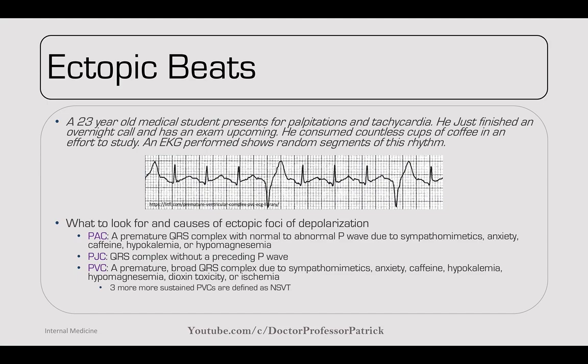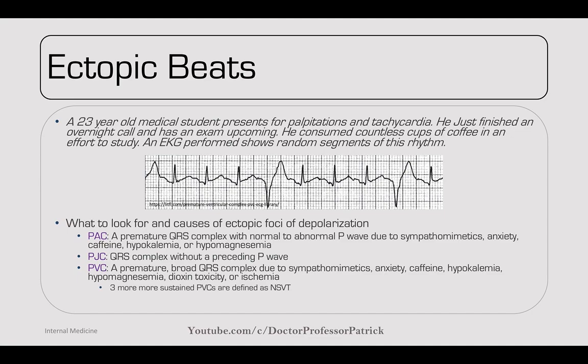So what you want to look for in a PAC is a premature QRS complex with normal P wave due to some sympathomimetics, anxiety, caffeine, hypokalemia, or hypomagnesemia. A PJC, or a junctional complex, is going to be a QRS with no preceding P wave. These can be narrow or wide depending on where they come from at the junction.